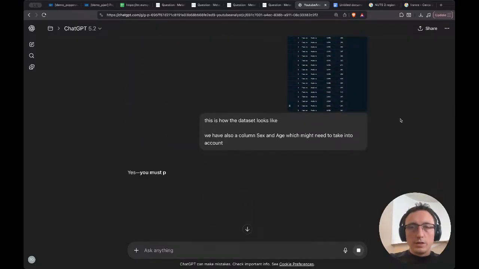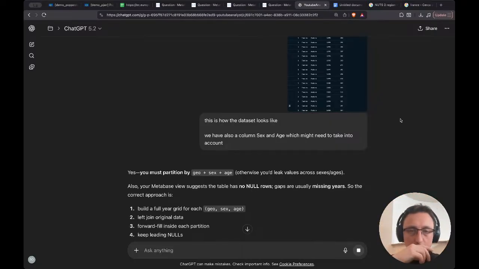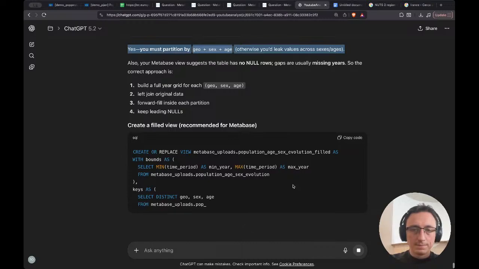Yes, because of course we need also to specify, take the previous value based on age and sex. Exactly.